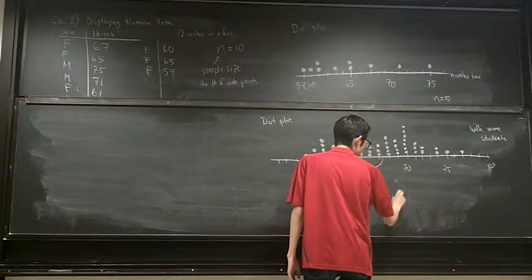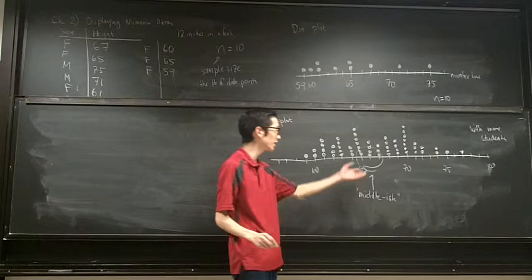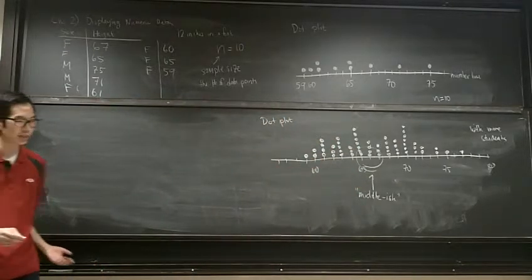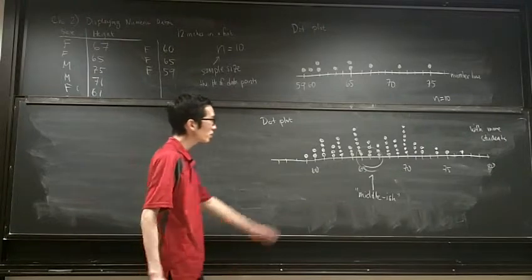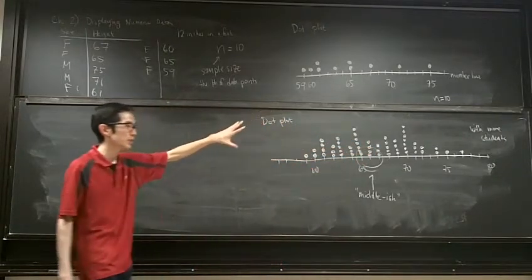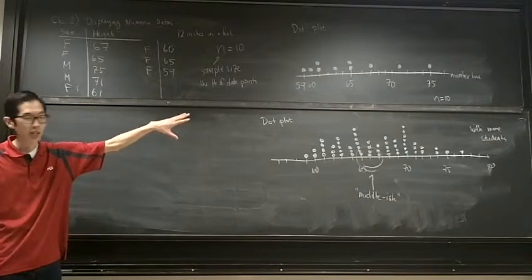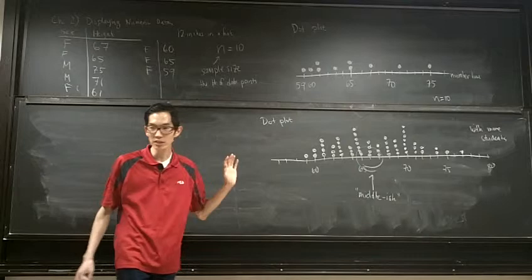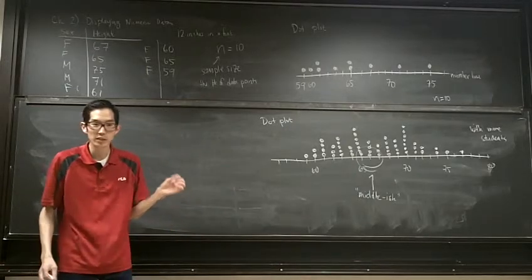This seems to be middle-ish, and we will define the idea of center a little bit more later, actually next week. But this gives us the idea of what's in the middle, and it also gives us an idea of the amount of variation, or the amount of spread that exists.